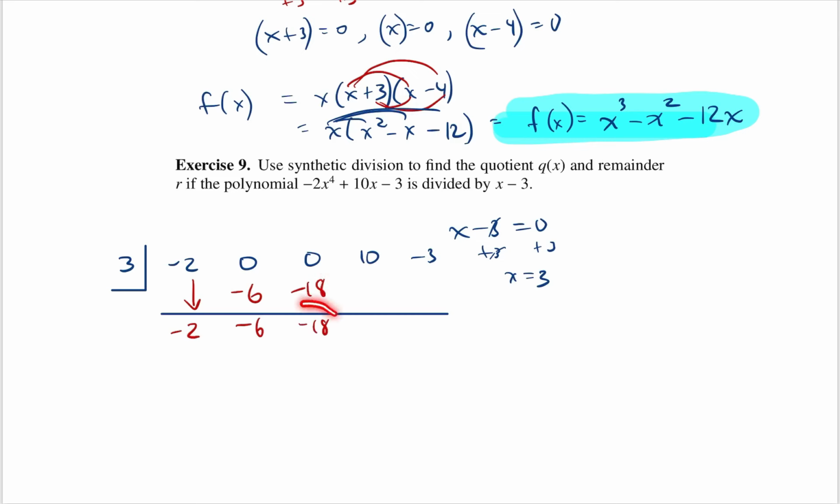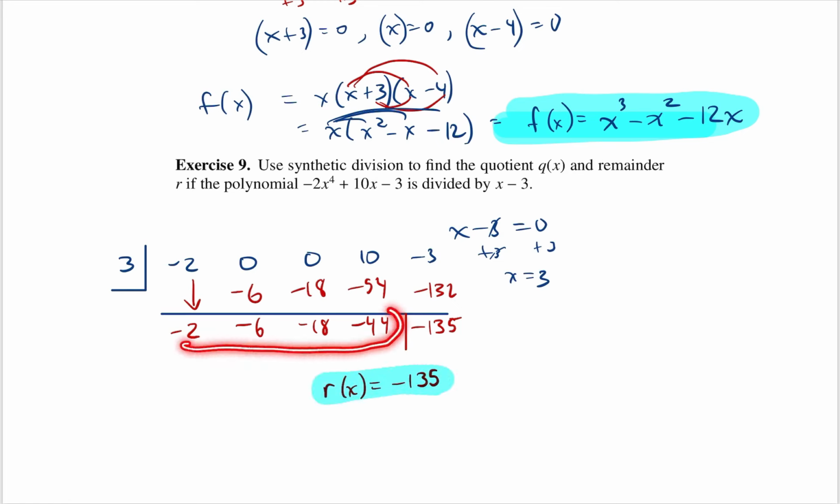Then you multiply, that would be negative 54, and then you add, which is negative 44, and then you multiply, and you get negative 132, and then you add and you get negative 135. This last number is our remainder. So that's what they wanted to find. They wanted the remainder, which is negative 135.